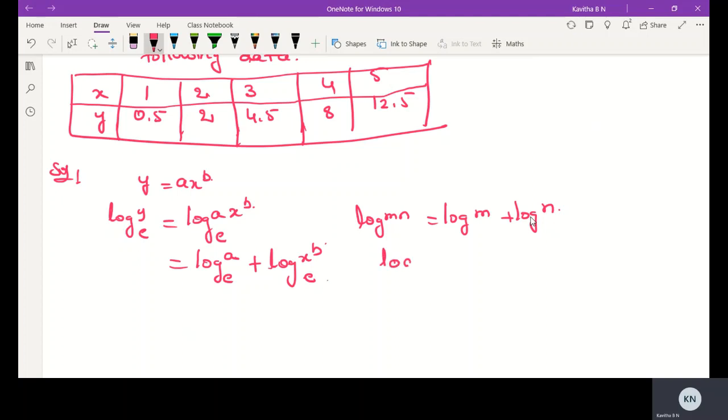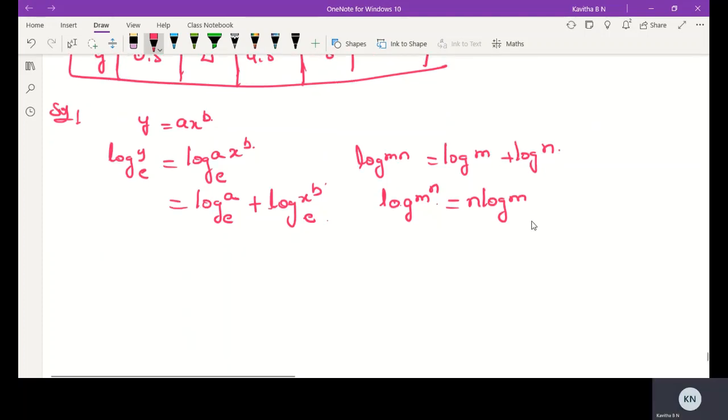Then you know that log m to the power of n is equal to n into log m, so we get log a base e plus b log x base e.